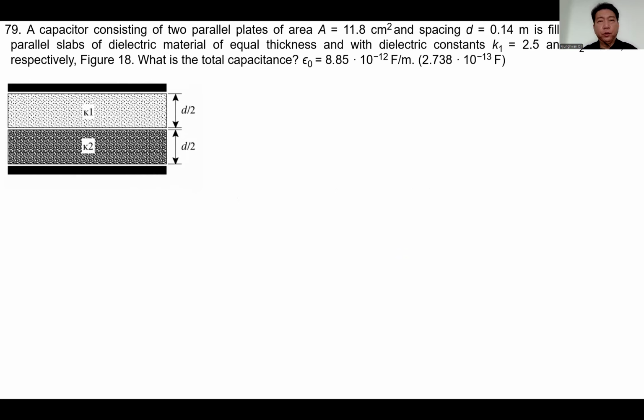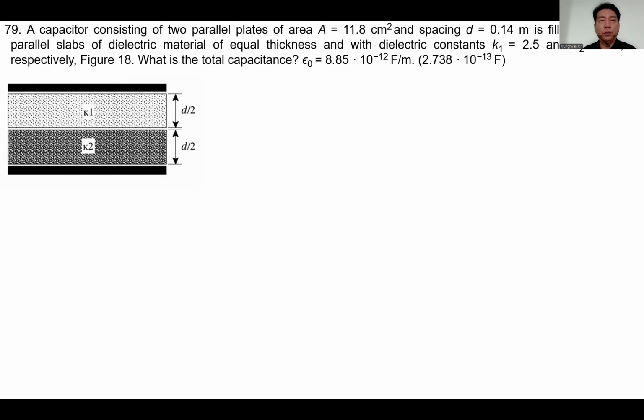So you have two parallel plates where the area is given and d is given. This area and the d parameters are important to find out the capacitance. And then it is filled with parallel slabs of dielectric material of equal thickness.